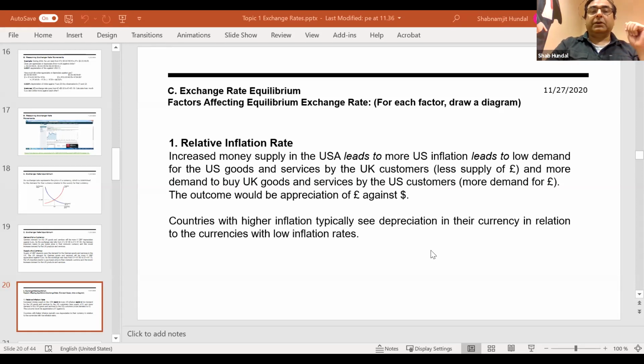Now, coming back to the factors, why is inflation a factor leading to the exchange rate going up and down? One thing: those countries where inflation is more, those countries' currencies are lower in value. Let me give you a comparison. Let me draw a situation, then I think it will be better.